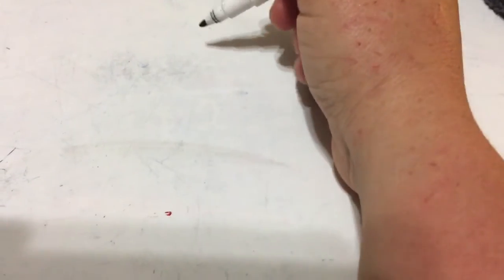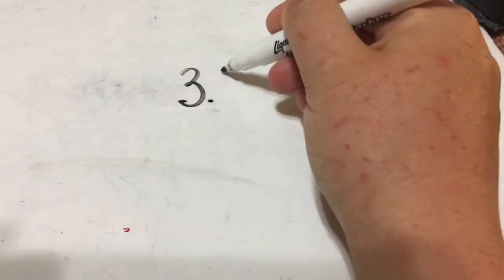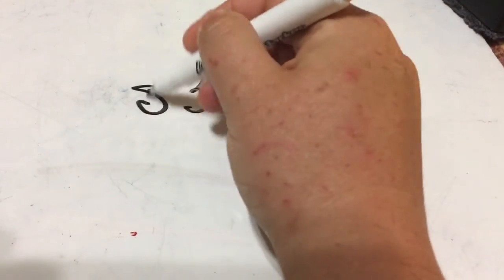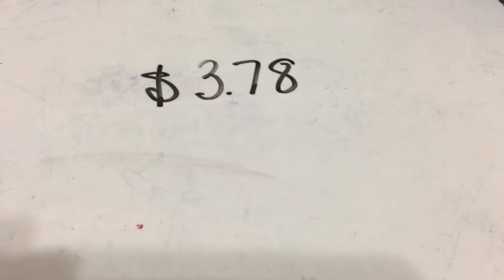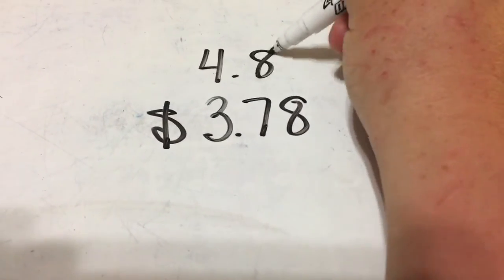You don't have situations like this. However, sometimes you do. Normally you're going to give someone $5 or $10 or $20, whatever you happen to have on hand. But let's look at this one. You got some items at the store and they totaled $3.78. But you gave the cashier $4.80.